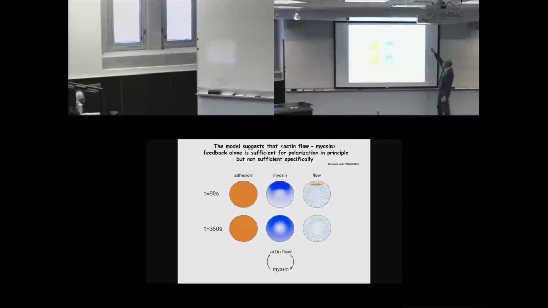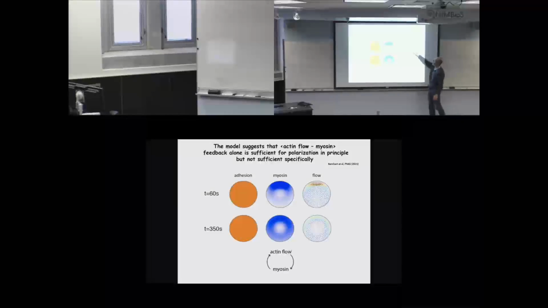This boundary starts the net movement in this direction because this inward flow overcomes the expansion of the boundary due to actin growth. Here the growth of the boundary is faster than inward motion. So this boundary starts moving this way, this boundary starts moving that way.